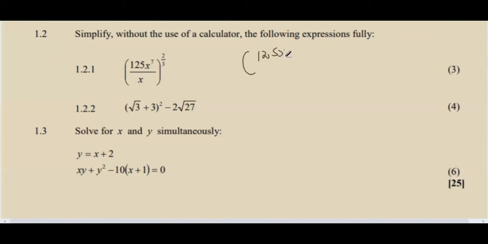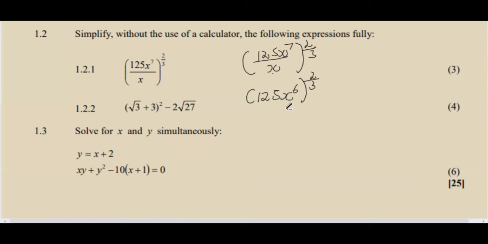Using our laws of exponents, we can see that this means divide. If the bases are the same and we are dividing, we subtract the exponents. So we'll end up with 125 and then x to the exponent of 6, because this x holds an exponent of 1 and this is 7 minus 1, and then still expressed to the exponent of 2 over 3.